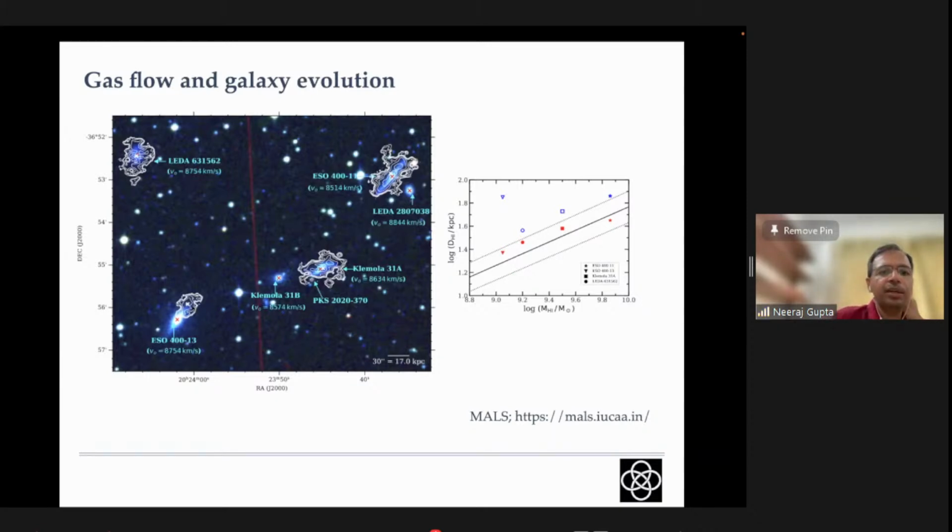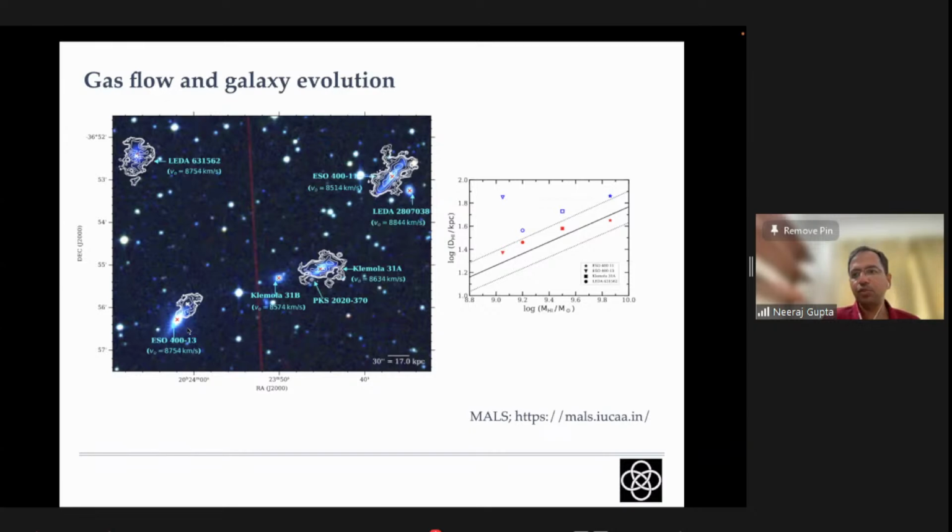Only by looking at the fact that the H1 from this galaxy has been stripped, we are inferring that in the intergroup medium it must be moving at a very fast velocity, because there is no other process which can explain it, as it is so far away from other galaxies. Tidal interactions alone cannot explain this expulsion of gas.